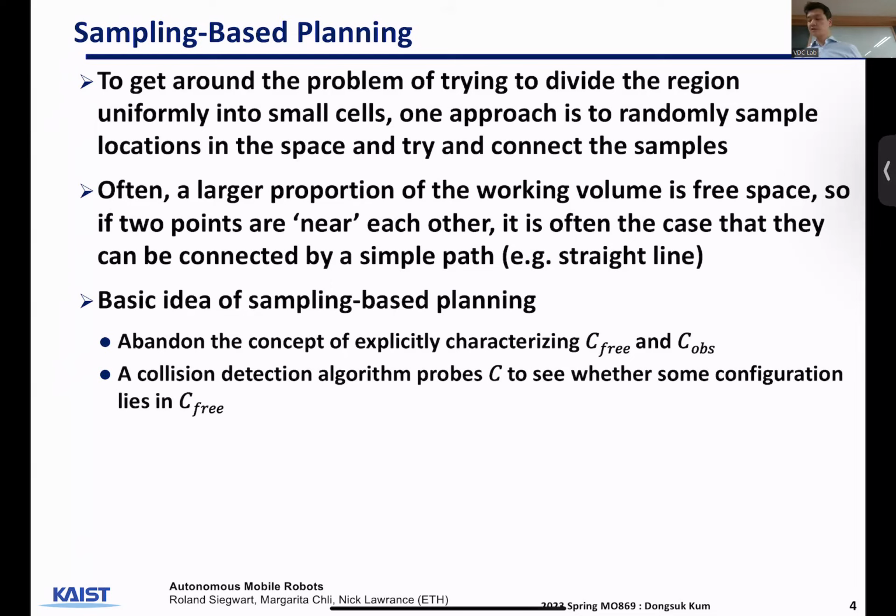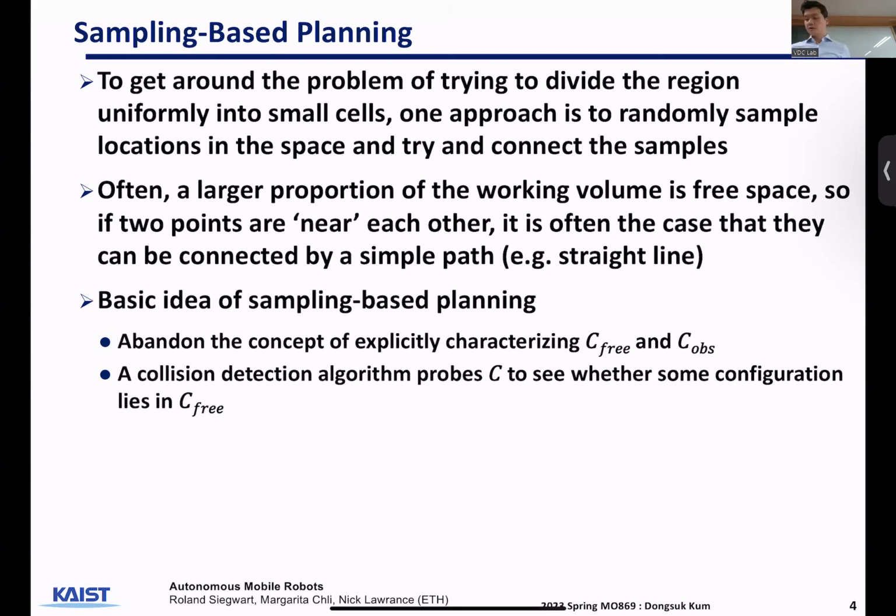What this means is, in the prior methods that we covered, we had to explicitly design and identify the free configuration space. Sometimes it's called a roadmap, right? So we need a map, that graph map that we can apply search algorithms on top of.